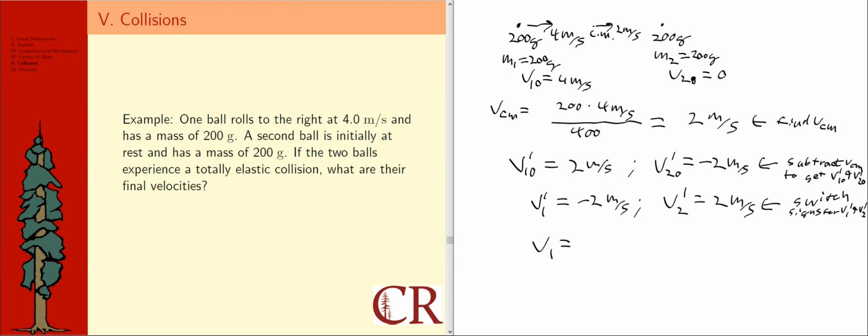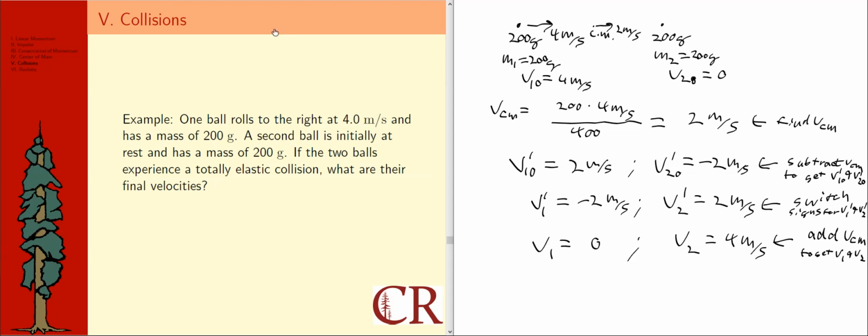That's going to give me 0 for V1, because 2 plus minus 2 is 0. And for V2, I get 4 meters per second. So this last step is add VCM. The second step was subtract VCM, the fourth step is add VCM, and in between you switch signs, to get the final results of V1 and V2.